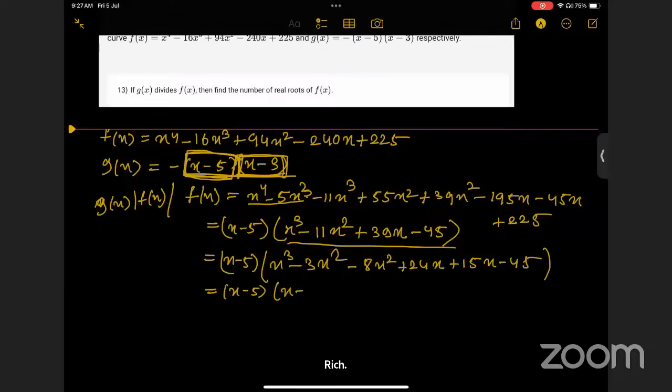So we can take x minus 3 as common. Then it will be x squared minus 8x plus 15.